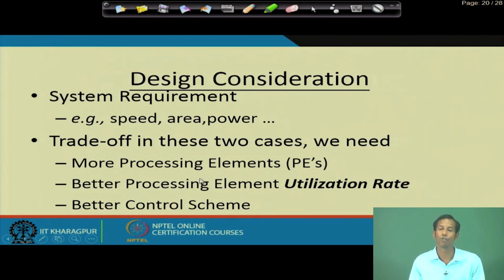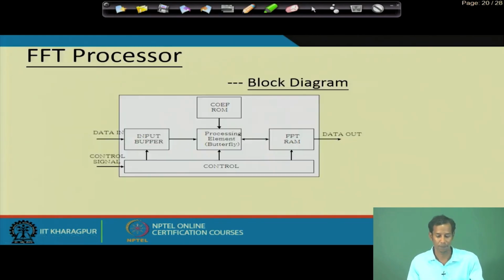In serial or iterative implementation, fewer processing elements are required, but the utilization of these processing elements as well as the control scheme will be much more complicated.